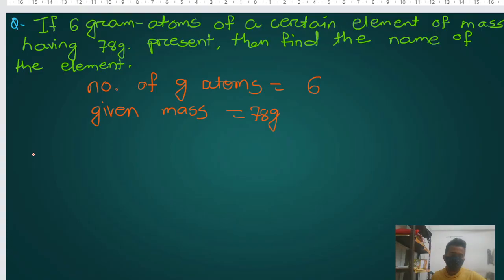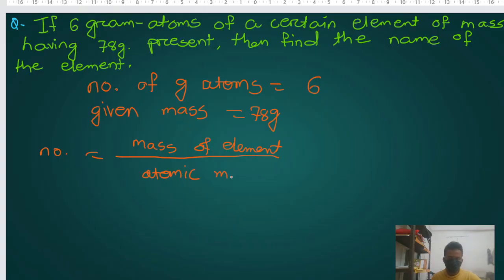Already I had discussed the formula for number of gram atoms: number of gram atoms is equal to the given mass of that element upon the atomic mass in gram.